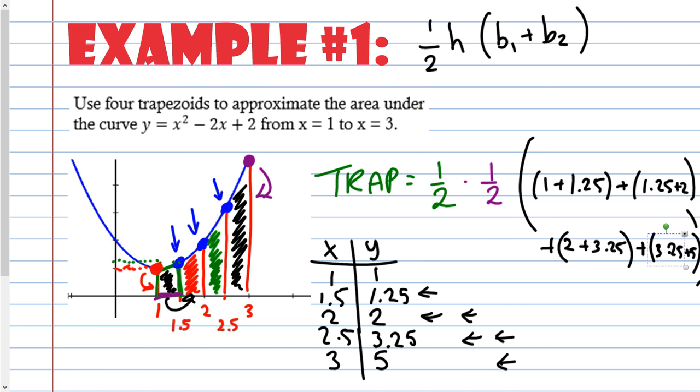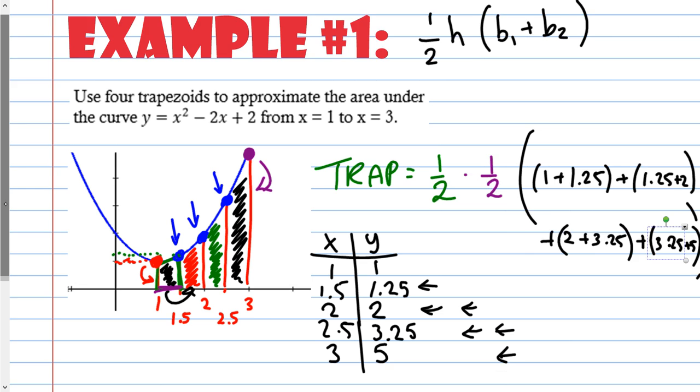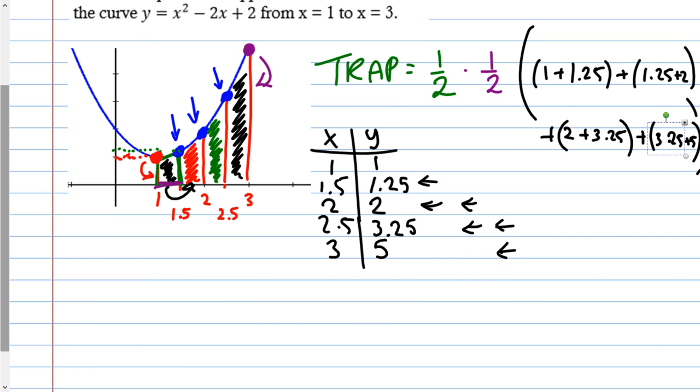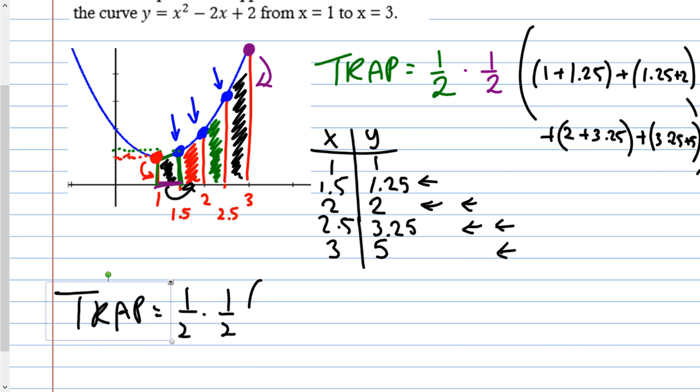I'm going over again the fact that the bases repeat is because there's an easier way to write this. And I'm going to just rewrite it down here. The 1/2 times the 1/2, that still exists, right? But then, basically, paying attention to these numbers here, I'm going to be like 1 plus 2 times 1.25, because it repeats, right?